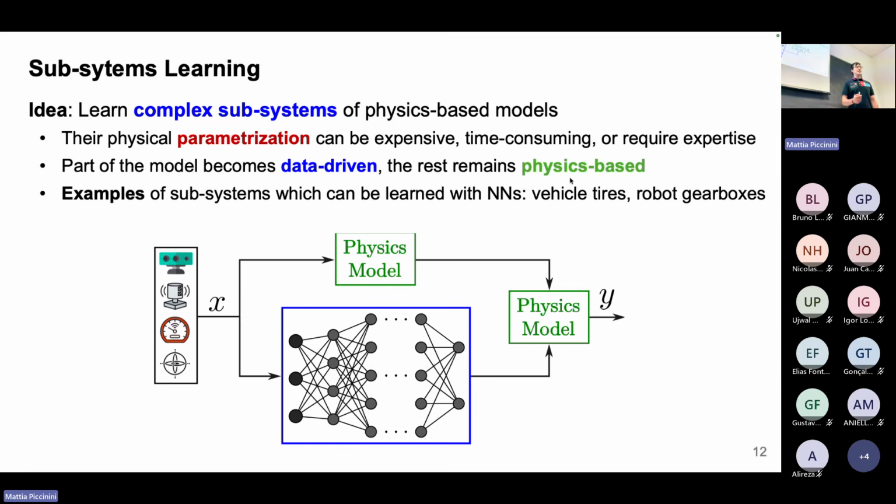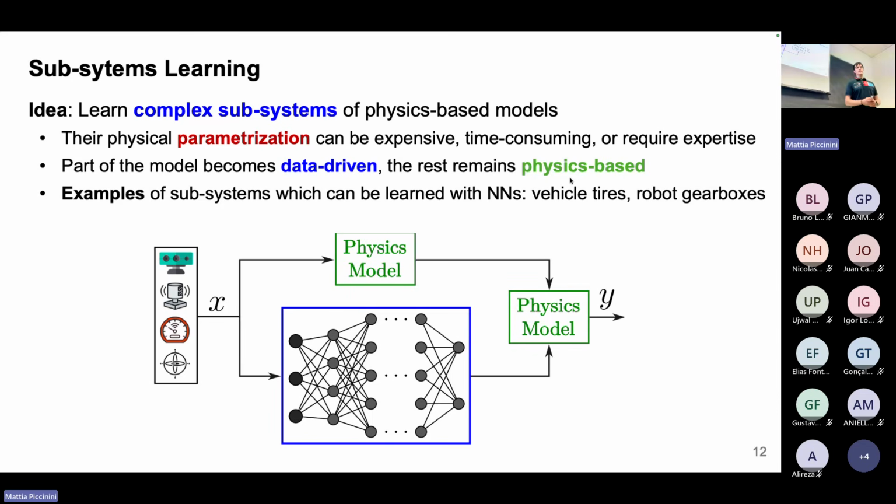And examples of subsystem learning, well, some of you, I think, have used this approach already or know something about, for example, tire models, again, in vehicles. They are challenging to model otherwise with analytical or heuristic models. Also in manipulators, we often have robot manipulators.